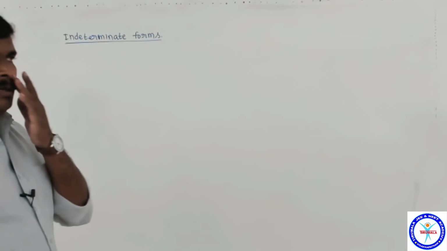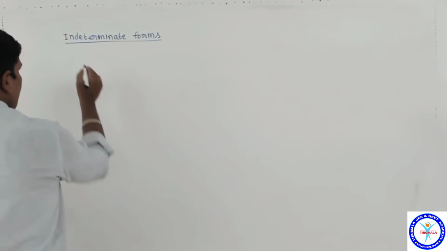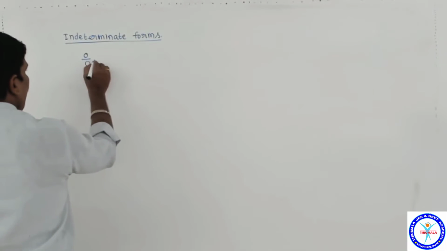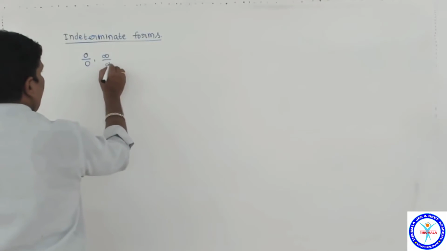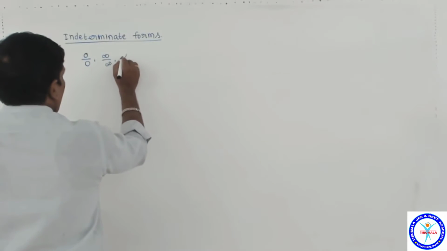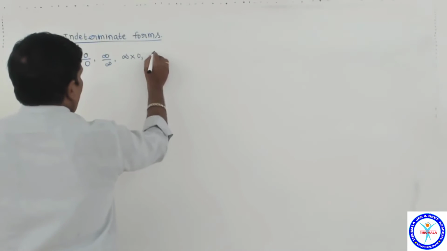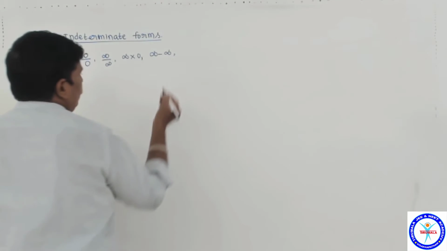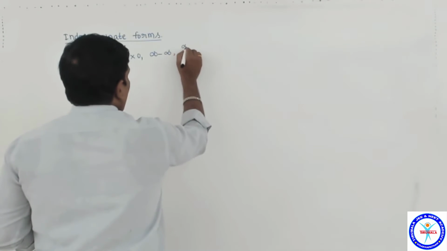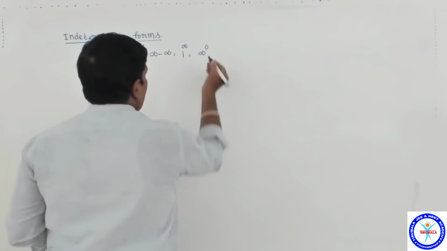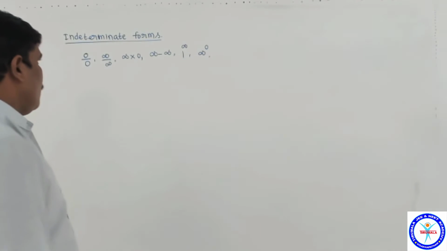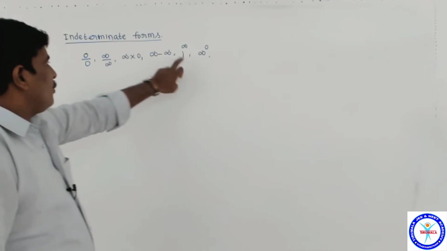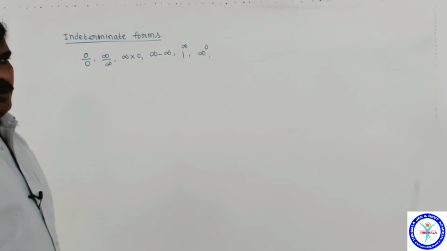Indeterminate forms are 0 by 0, infinity by infinity, infinity into 0, infinity minus infinity, 1 power infinity and infinity power 0. These are the indeterminate forms.